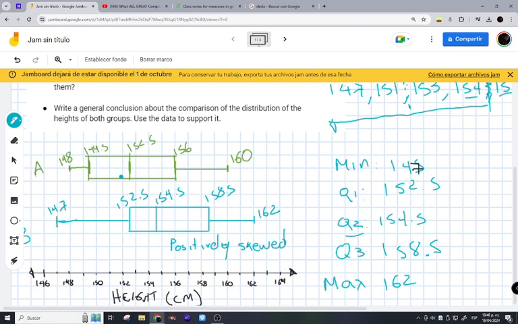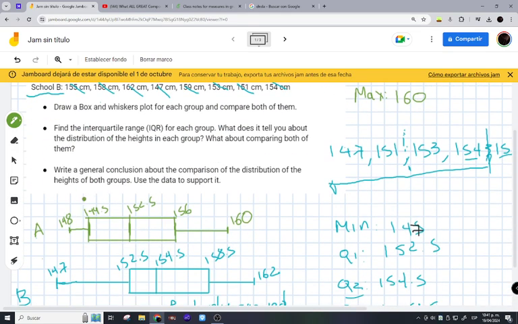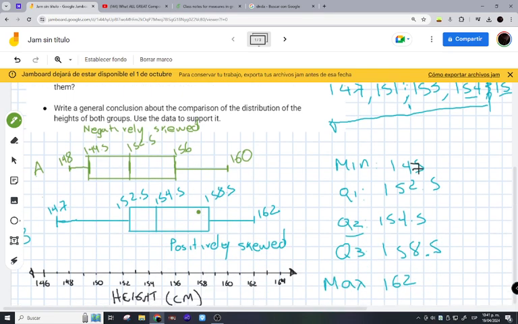That the distribution is going more to the tallest side, or it's distributed more towards the tallest than school A, because school A is distributed more towards the smaller people, and that is negatively skewed in comparison with school B. So let me write it somewhere over here. So that's part of our conclusions.